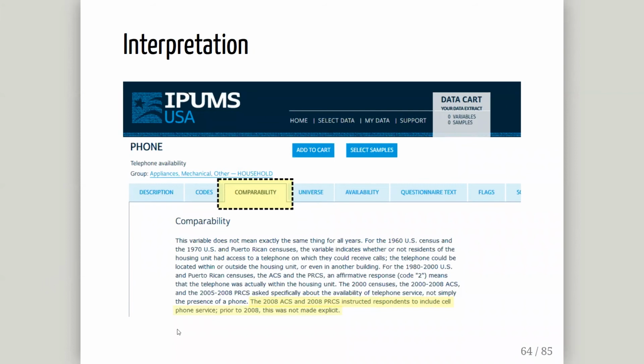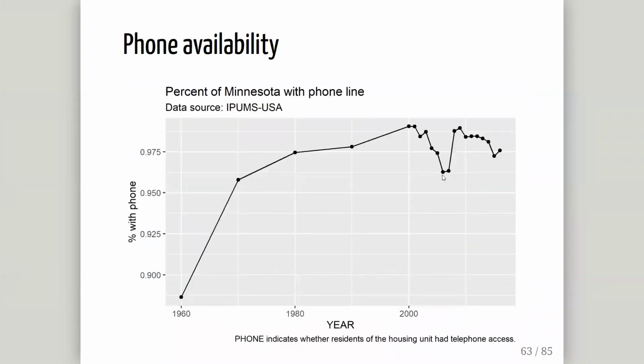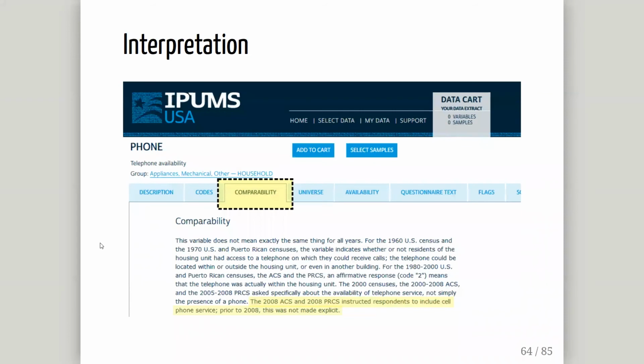And we see here in the highlighted text at the bottom that the 2008 ACS and PRCS told respondents to include cell phone service when they answered this question, but before 2008, this wasn't made explicit. So people started saying no, I don't have access to a phone before 2008 because they thought they only were referring to landlines.